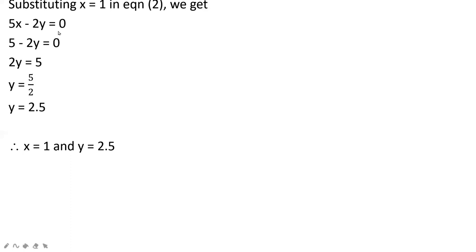But if they have given only that solve these two equations, then you can solve them any way you want. You can use the elimination method, substitution method, graphical method, Cramer's method, whichever method you find the easiest. So this is how you are supposed to solve linear equations using the graphical method.